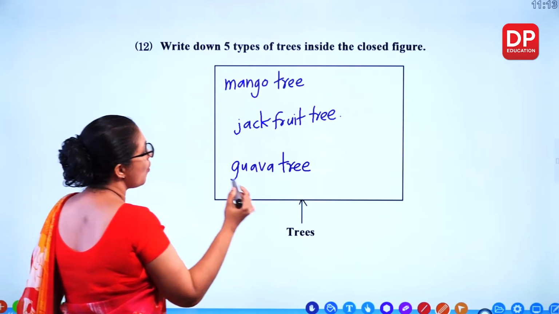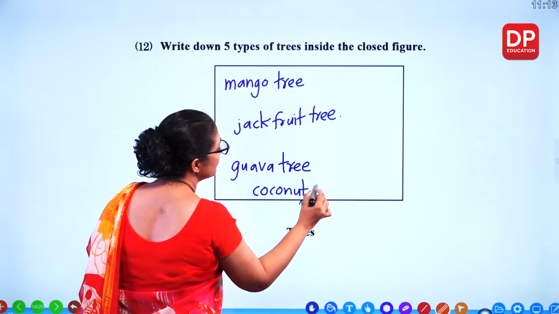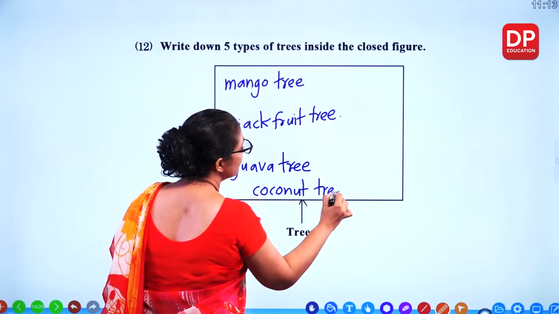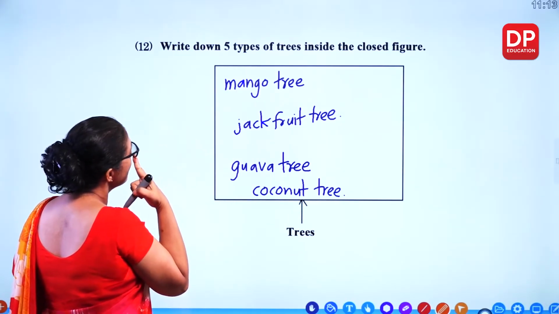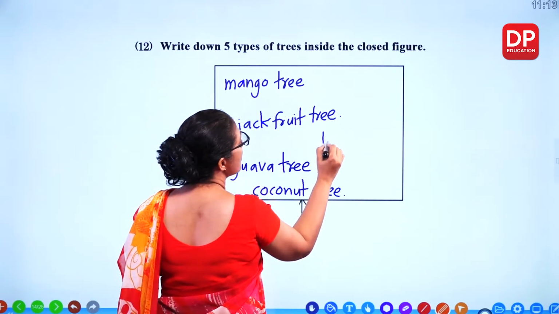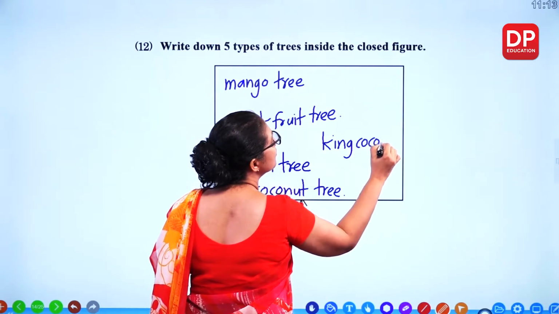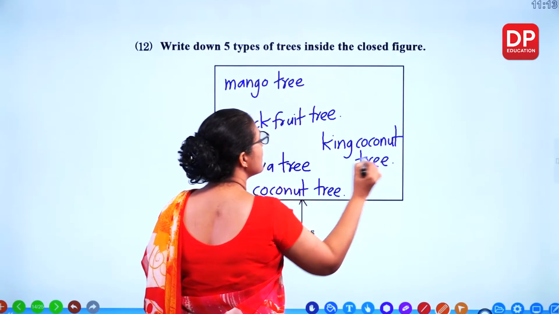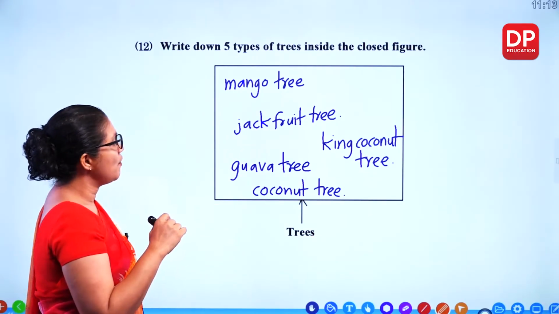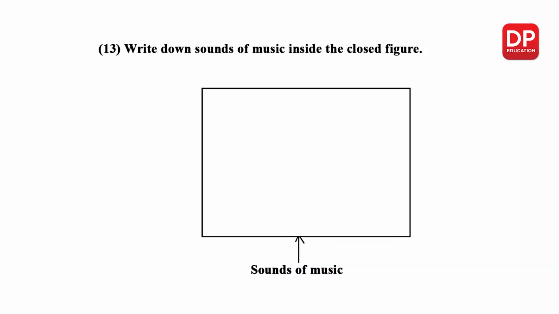What else? Coconut tree. Another tree. King coconut tree. You can write any 5. So 1, 2, 3, 4, 5. 5 trees are there.